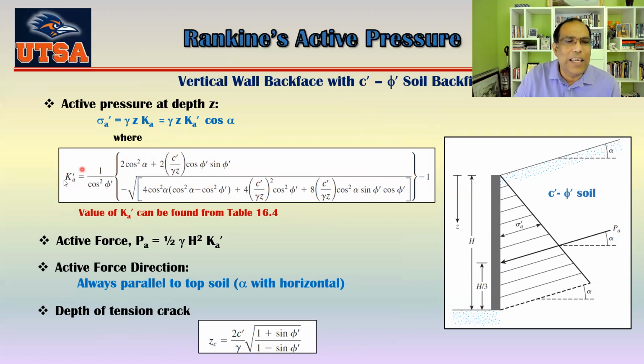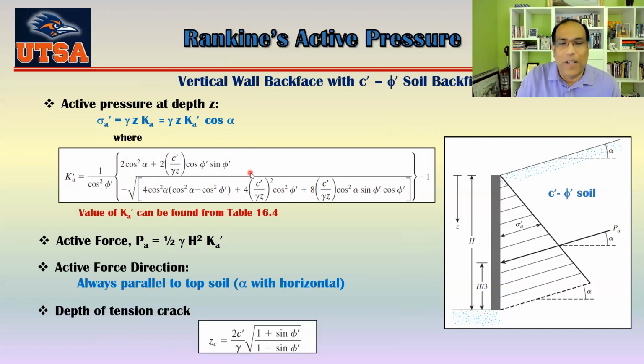You can see your Ka prime here is actually a function of your Z, which is kind of unique, because in any other Ka equation, we never use Z, since it doesn't change with Z. Here, this Ka changes with your Z, meaning with your height. So if you plug those values in the spreadsheet I gave you, or use this equation, you can find your Ka prime.